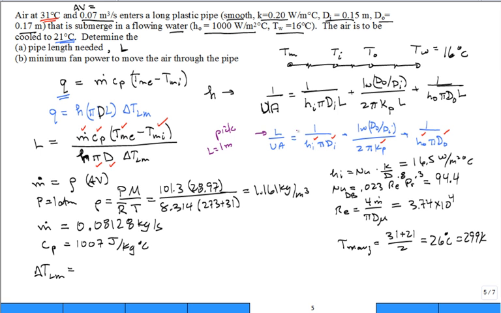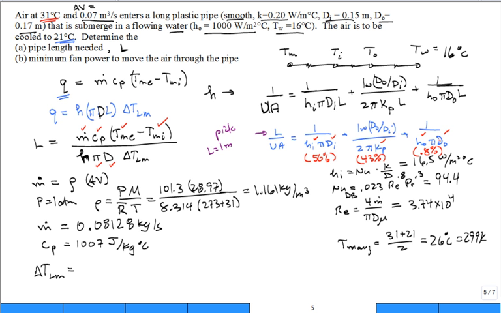What I found, anyway I computed these, when I went back and took a look, was that the resistance on the inside is about 56%. The resistance through the wall is around 43% of the overall resistance to heat transfer. And the convection on the outside is like 0.8%. It's less than 1%.